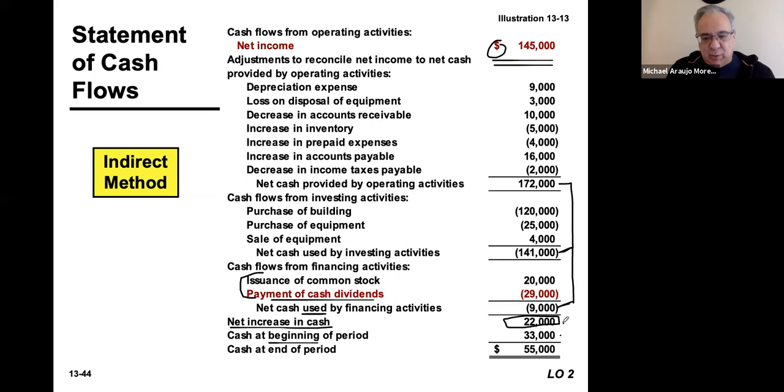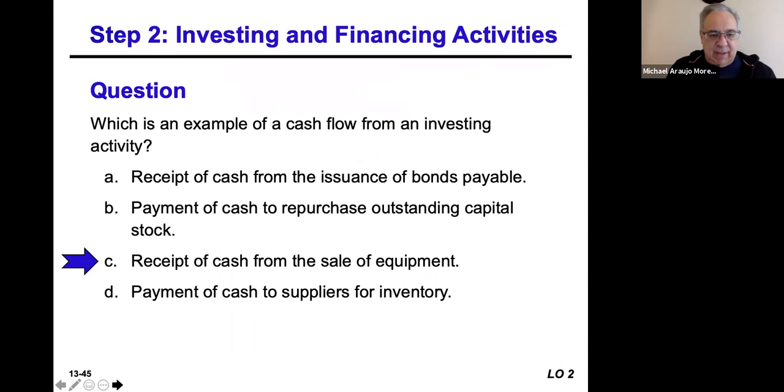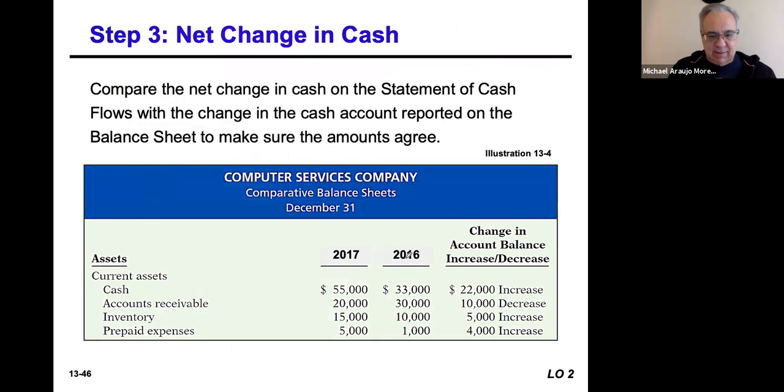It changed by 22,000. So the cash at the end of the period is 55. This particular 55,000 is what you see on the balance sheet for this particular year. And that basically explains this increase in cash from 33 to 55. The $22,000 difference is now explained in the cash flow statement.